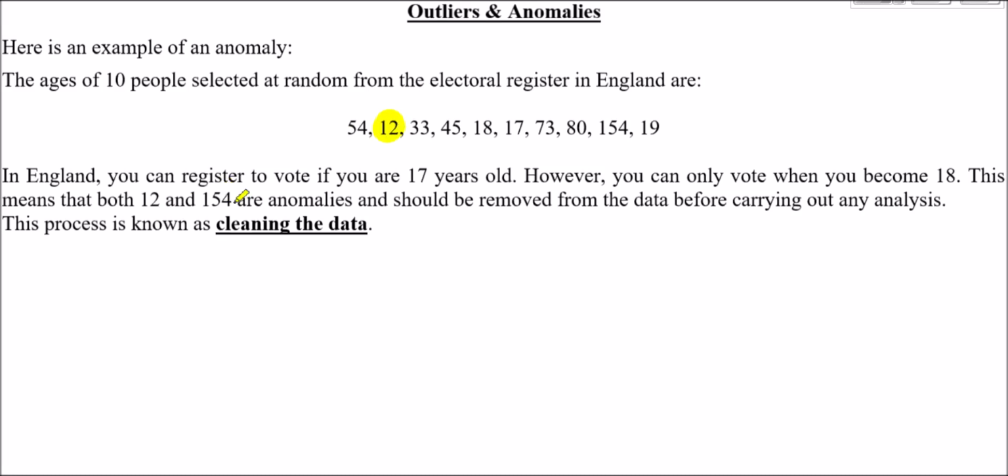And as well, 154 is a mistake because no one's going to be 154 years old in this day and age. So these two here are mistakes. In fancy language, they are anomalies, and so they should be removed from this dataset before carrying out any proper analysis. And the process of removing anomalies is called cleaning the data. You're cleaning the data of any mistakes.